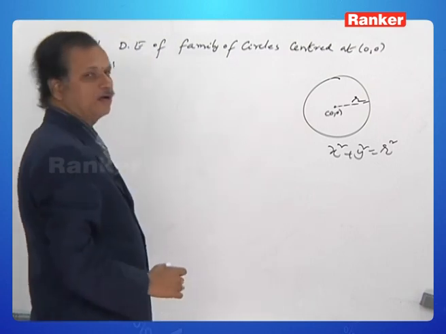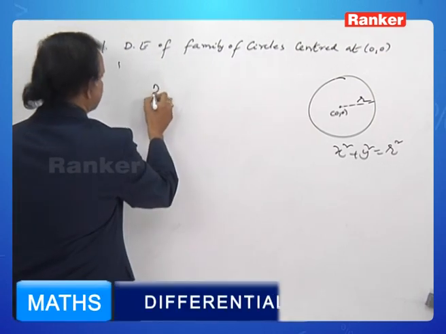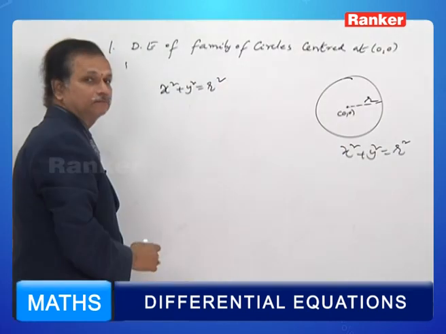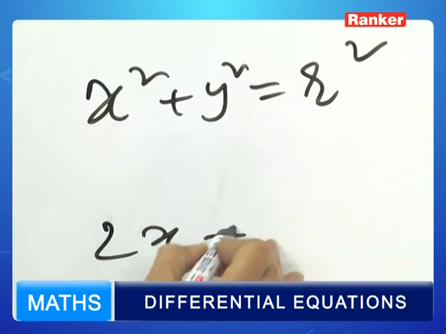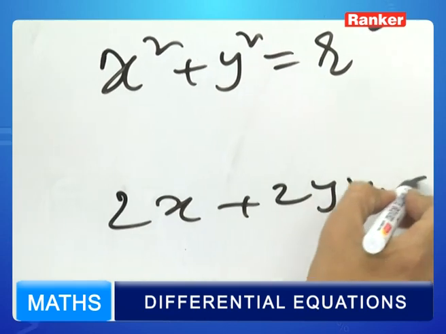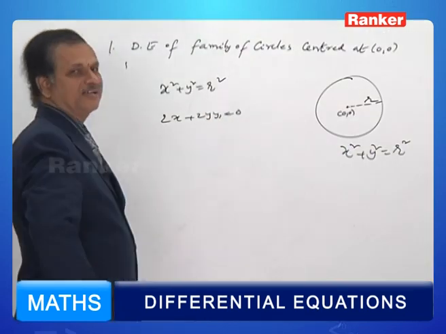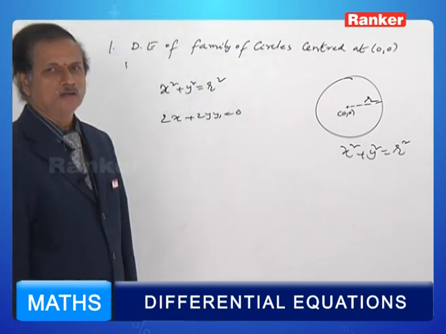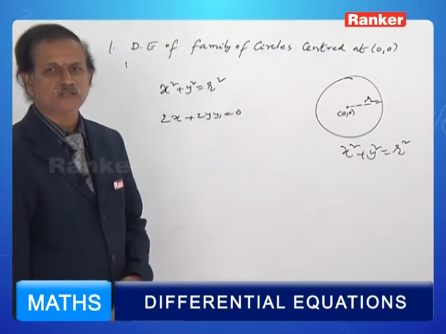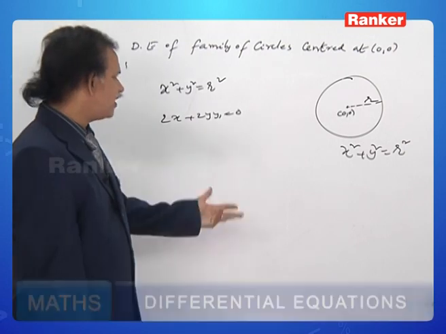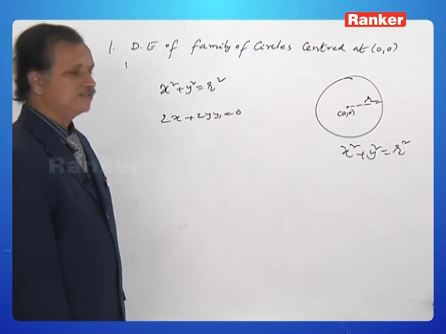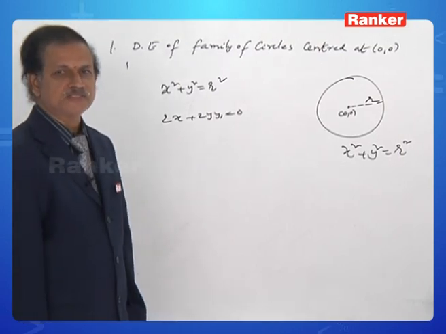What is the parameter then? r. So, the equation is x square plus y square is equal to r square. Its differential equation is 2x plus 2y y1 is equal to 0. So, x plus y y1 is equal to 0 is the differential equation because there is only one constant that is to be eliminated. We have done it. This is the very first form of the circle.